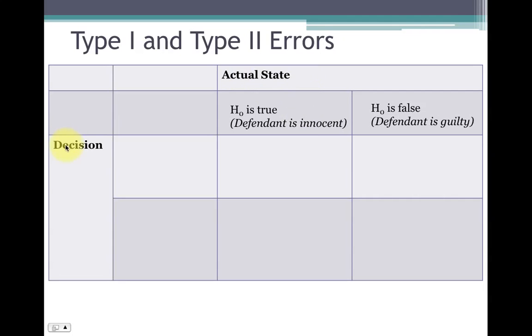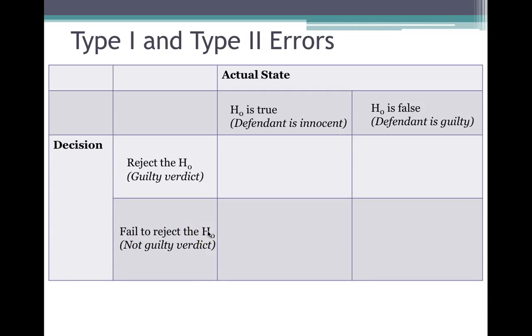If we look at the possible decision that could be made, we can reject the null hypothesis, which means that there's a guilty verdict, or we can fail to reject the null hypothesis, which means there's a not guilty verdict. If the defendant is innocent and we declared him not guilty, which means that the null hypothesis is true and we failed to reject it, we've made the right decision.